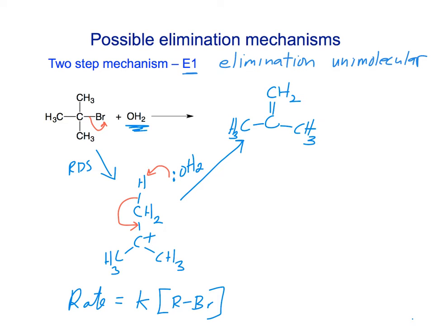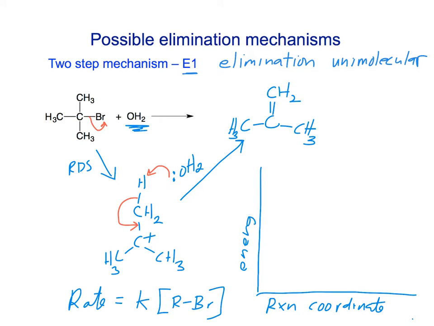Let's draw out the reaction energy diagram. Okay, so we have reaction coordinate here. We have energy over here. Just like before, we're going to have our alkyl halide.